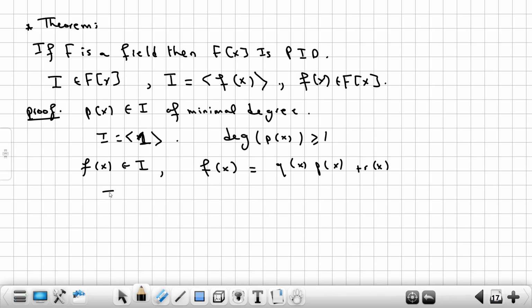If r(x) is equal to 0, nothing left to show.